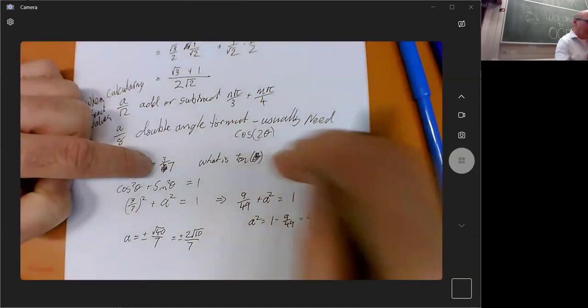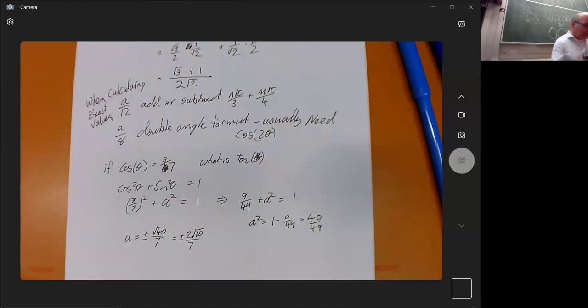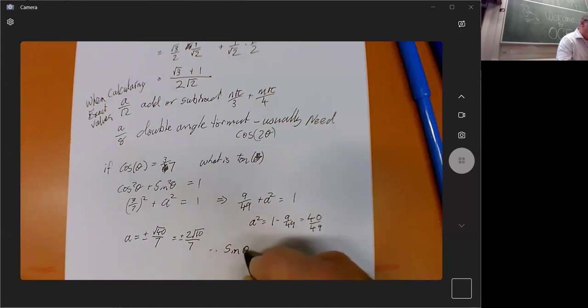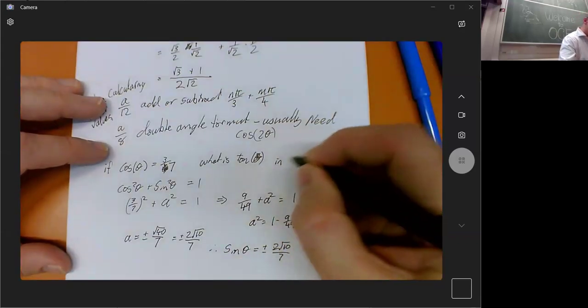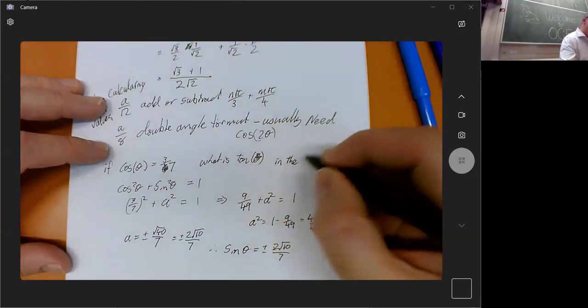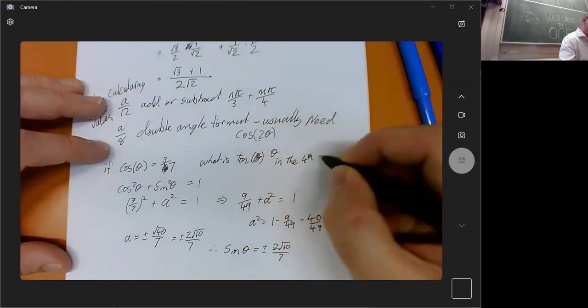So this is saying, therefore, sine of theta is plus or minus 2 square root 10 on 7. I'd need to know which quadrant it is. All right. So, I don't know, let's say fourth quadrant. Theta in the fourth quadrant.